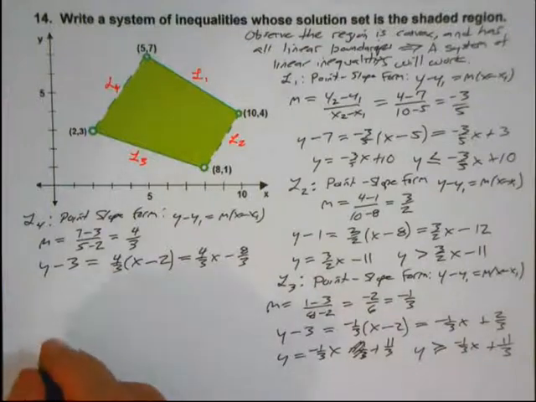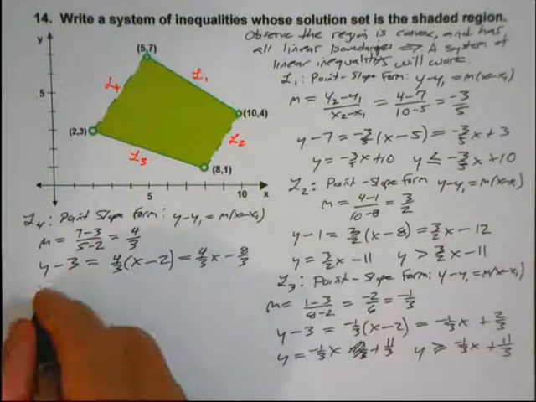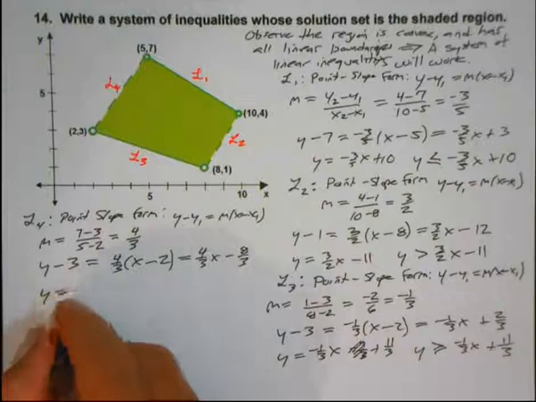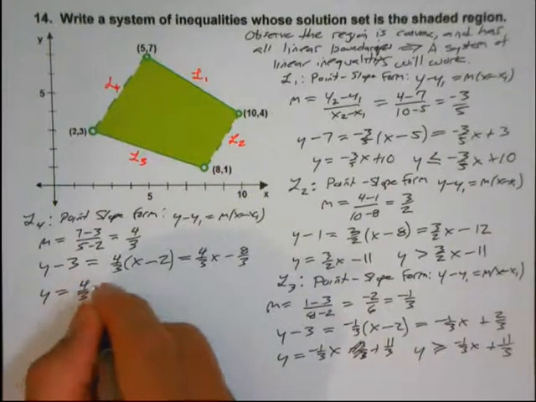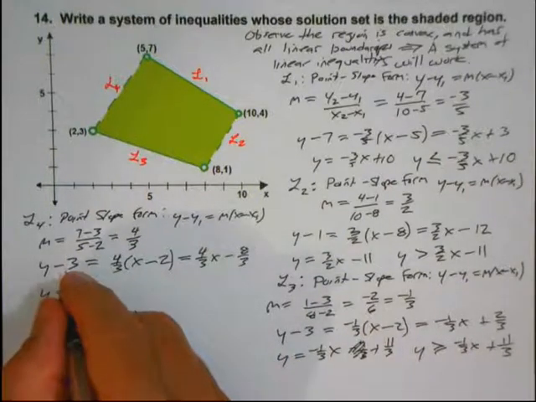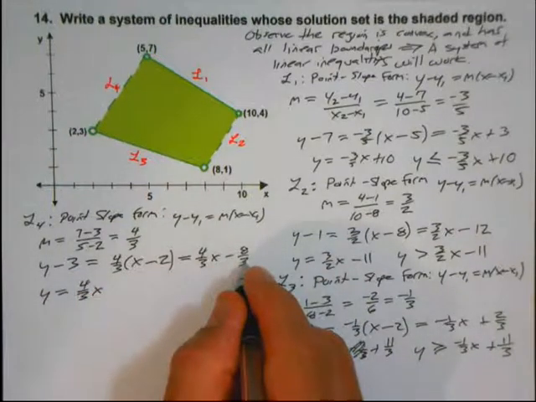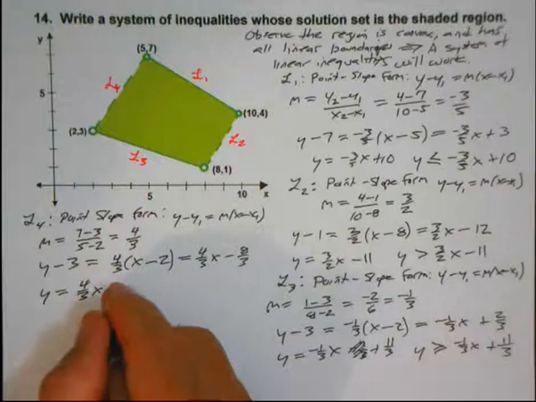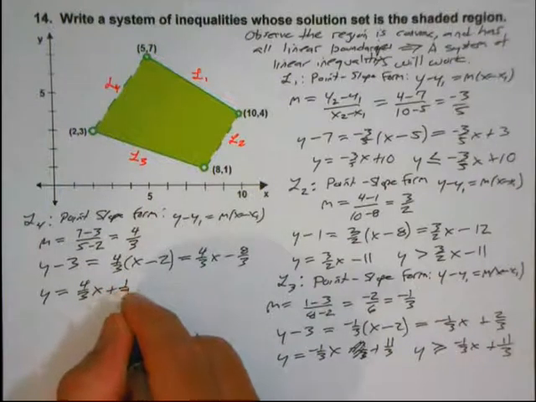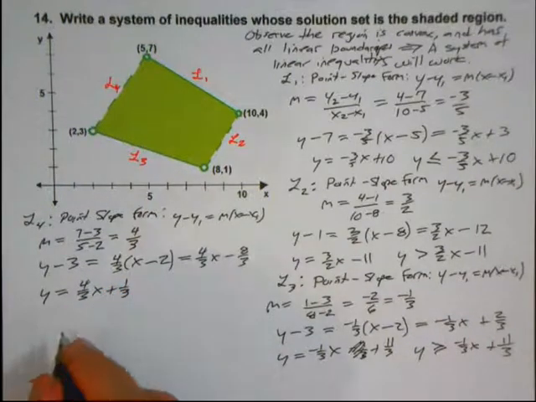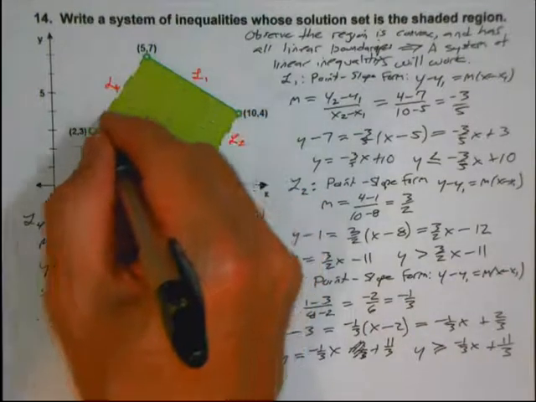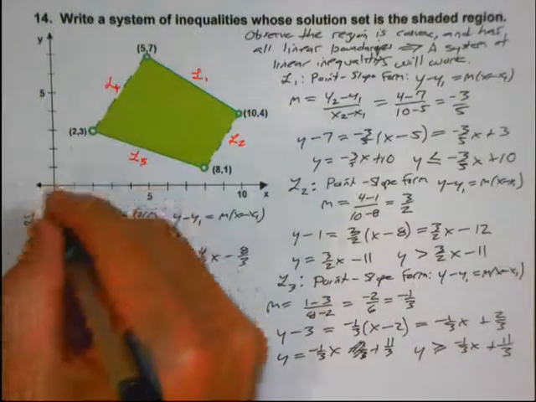Okay, now let's go ahead and add 3 to both sides. Y will equal 4/3 x. Okay, 3, that's 9/3. 9/3 added to negative 8/3 is a net effect of plus 1/3. Okay, let's see if we like that. The y-intercept here does indeed look like about positive 1/3.